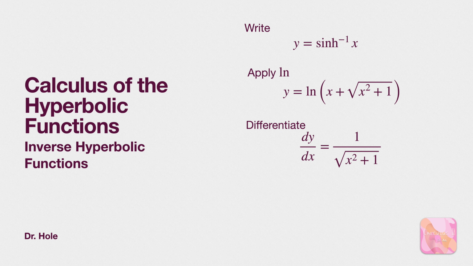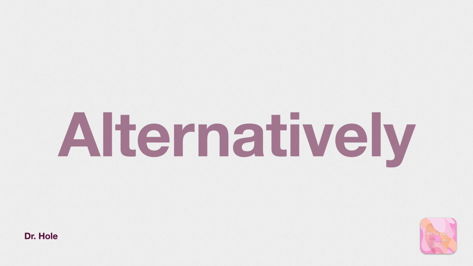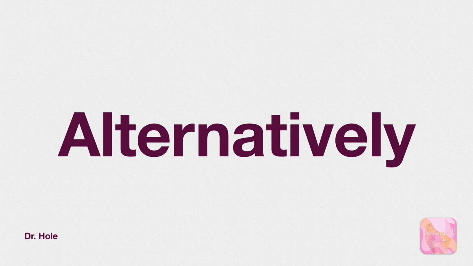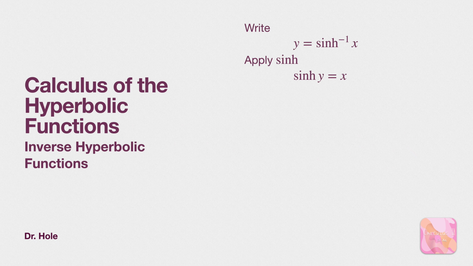All right, so you can verify that if you were to differentiate this right-hand side, after some algebra, you could simplify and produce this right-hand side. We can accomplish this differentiation formula in an alternative way. Go back to our definition of y being inverse hyperbolic sine.